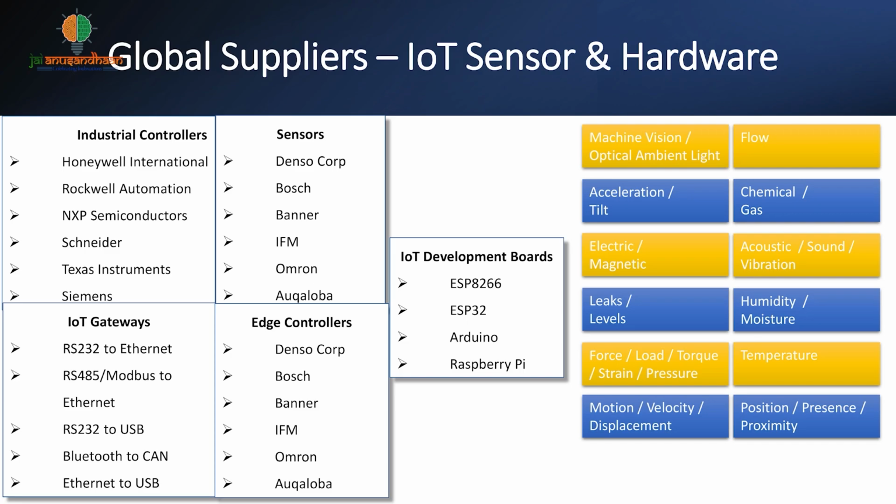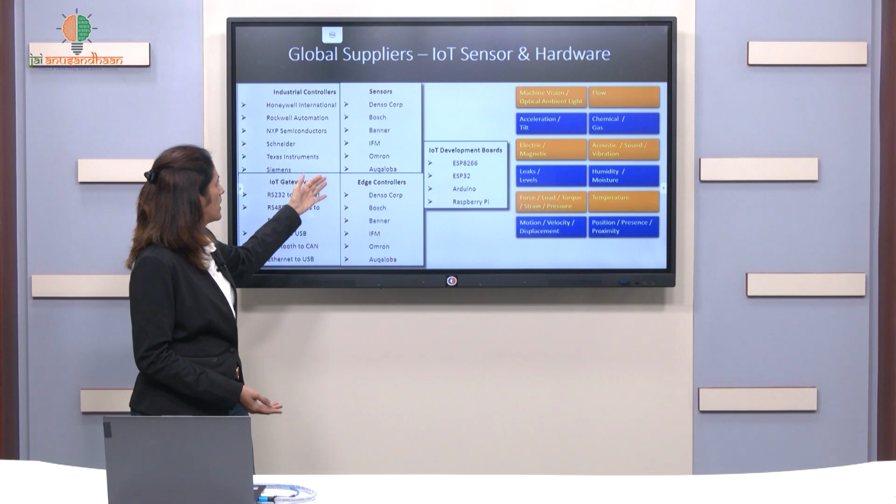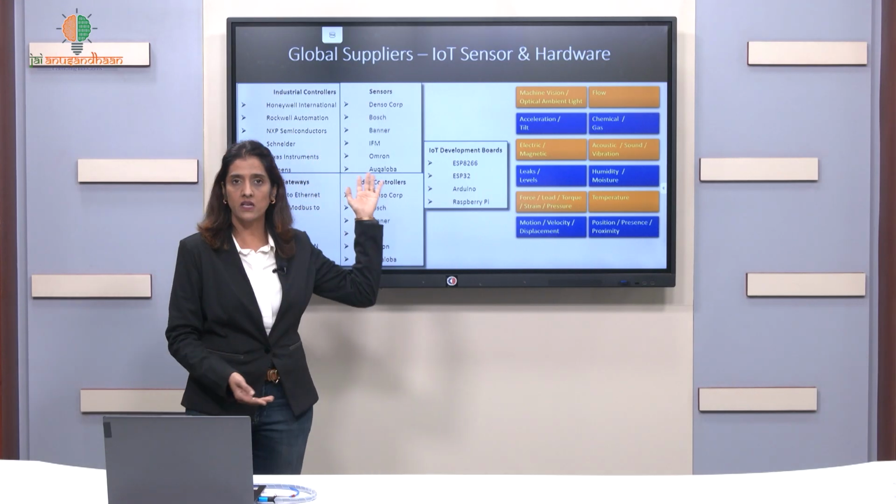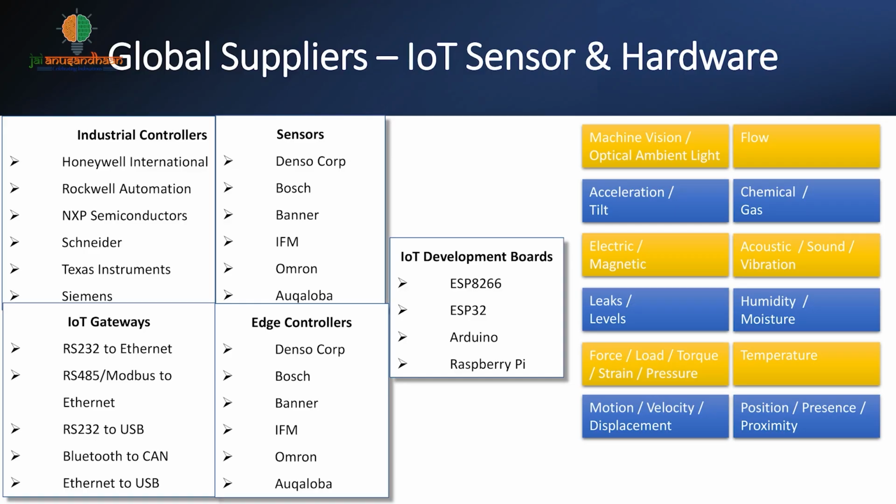As I said, a gateway is nothing but something which converts one type of data to another type of data. So RS-232 to Ethernet, RS-485 to Ethernet, RS-232 to USB, Bluetooth to CAN. And then these are some of the players which manufacture sensors, like IFM, Banner, Omron, Bosch.